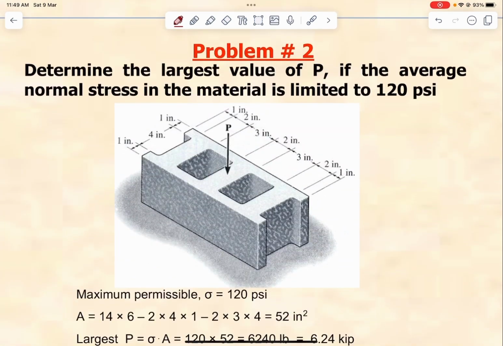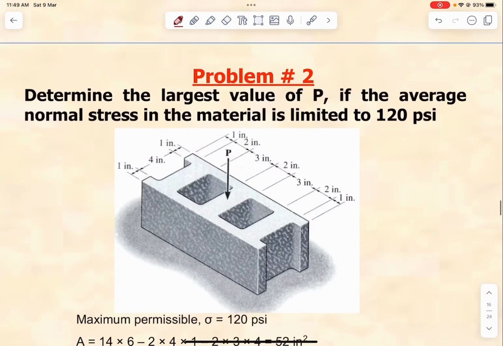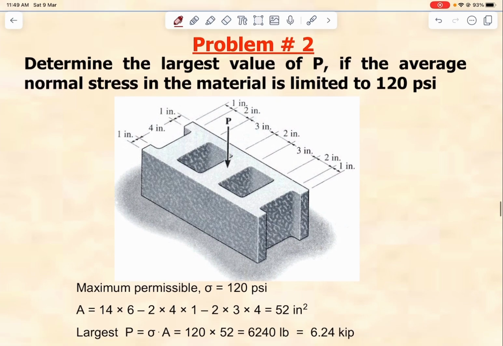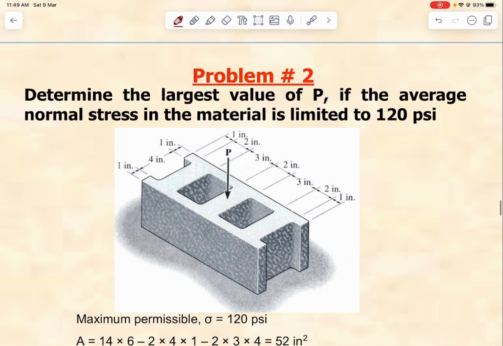Okay, now let's see this question. You're going to determine the largest value of P if the average normal stress in the material is limited to 120 psi. Okay, so the largest sigma is 120.